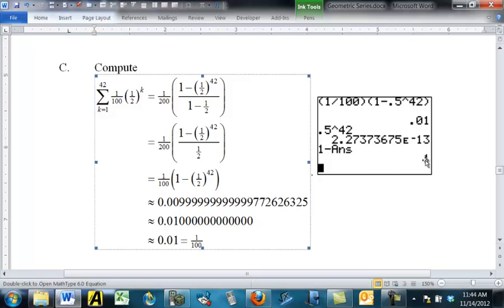Subtract that from a 1, it looks like a 1 here, but it's really point 12 nines, and then 772626326325, and then divide by 100, which moves it over 2 more places. So here's what it is out that many decimal places. But of course that rounds off to 0.01, at least up to many, many places. So it's approximately a 100th. It's actually just slightly under a 100th, but it's very close to that.